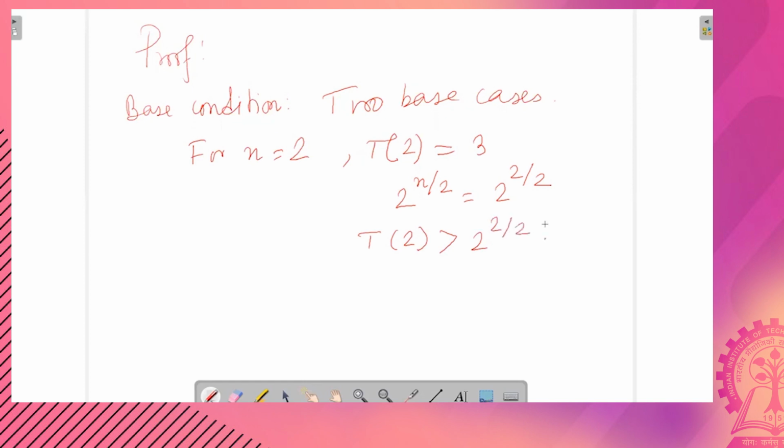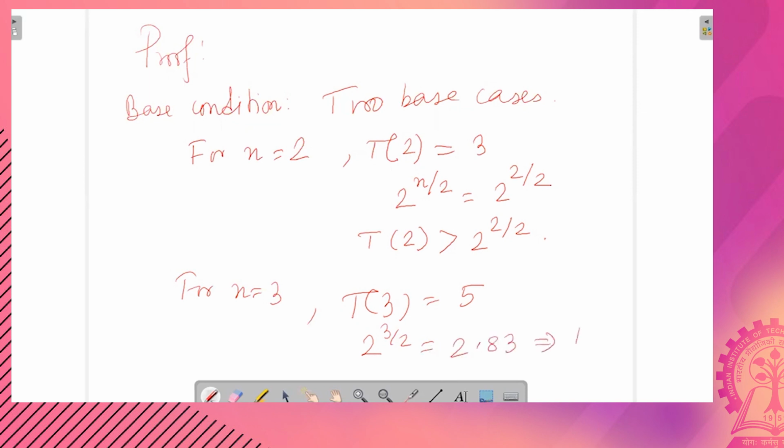Okay. Similarly, for n equals 3, T3 is equal to 5. Now 2 to the power 3 by 2 is equal to 2.83.